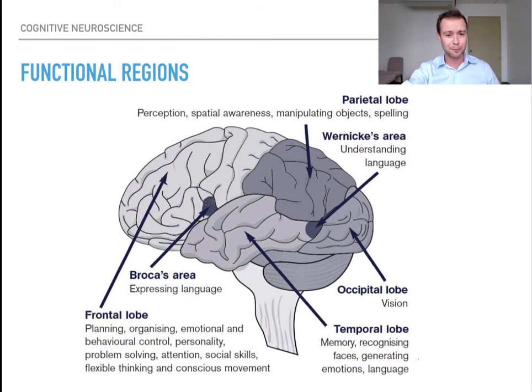So again, if we look at the example of reading, you might have the temporal lobe responsible for phonological awareness, so processing phonemes and input of sounds. But you also have the frontal lobe, which handles speech production, reading fluency, grammatical usage, and aspects of comprehension.